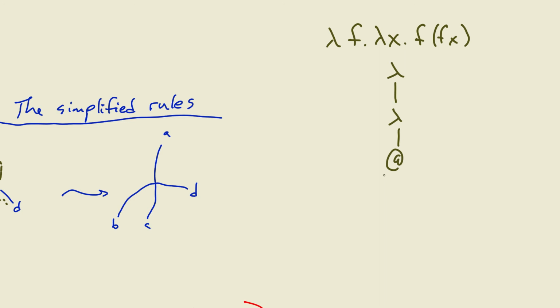Okay, that's fine. And you're applying 2 times the variable, the first variable f. So you have to put an explicit sharing node right in there. And then you apply to x.